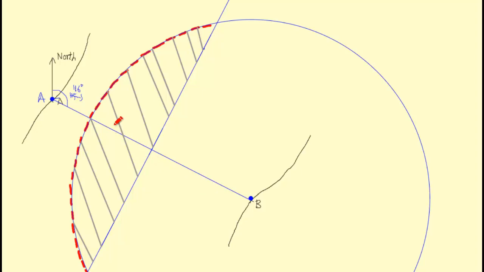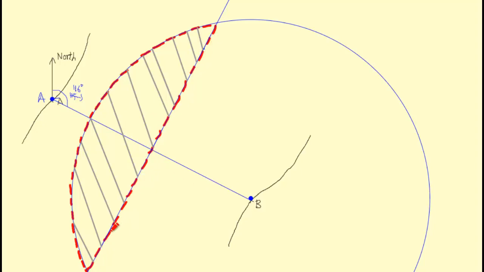As the rock should be less than 4 km, that is inside the circle, the boundary of the circle is not part of the locus. So that's why this portion of the circle will be a broken line. Similarly, the rock should be nearer to A than B. If the rock is on this line, it will be equidistant from A and B, so this line will also not be part of the locus.